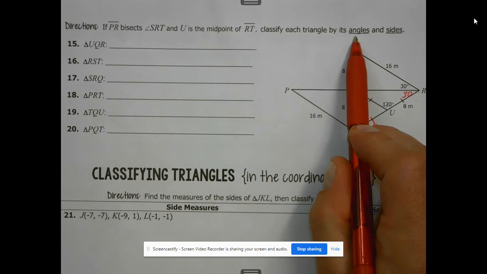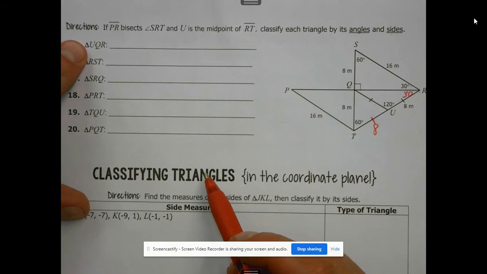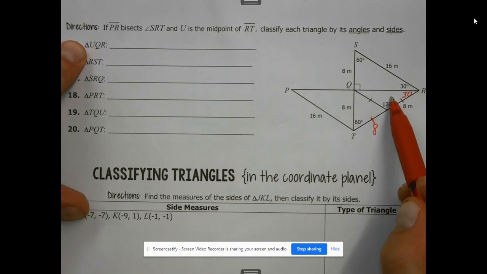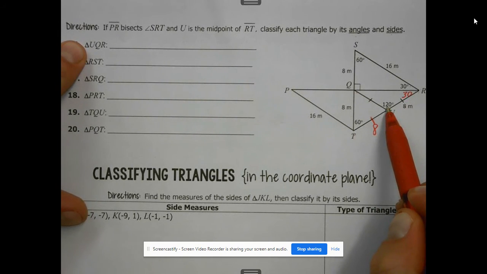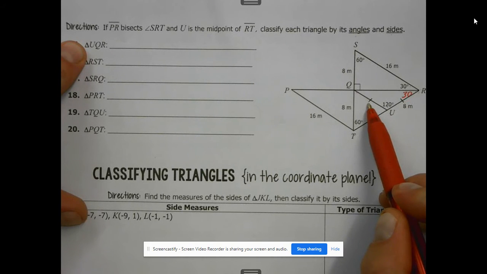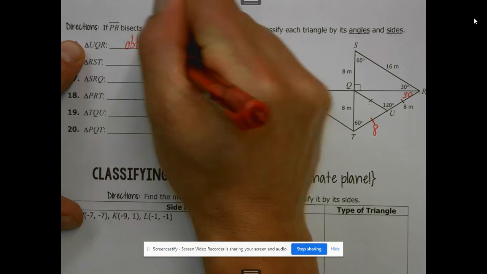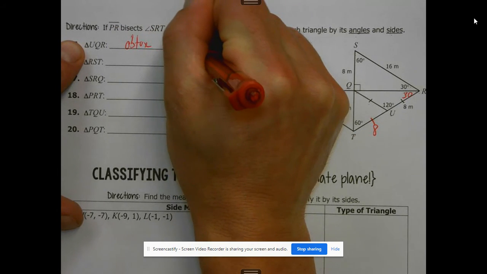Classify each by its angles and its sides. Triangle UQR, this guy right here. Angle bigger than 90, that's obtuse, and it has two congruent sides, isosceles. So obtuse, isosceles.